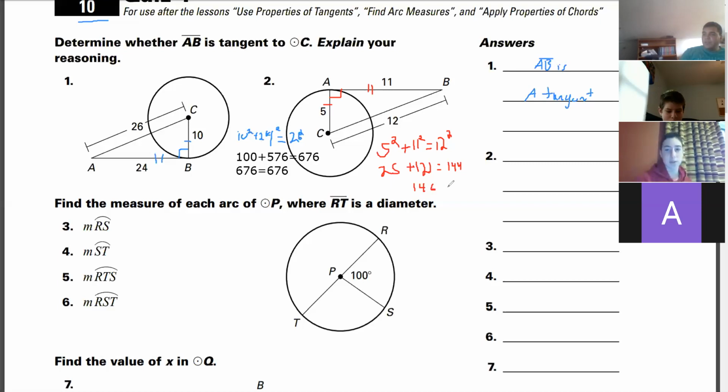So it's not a tangent. So line AB is not a tangent.